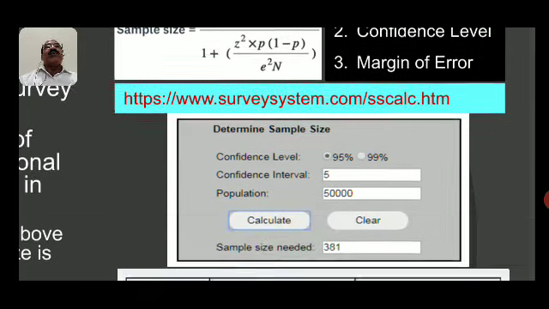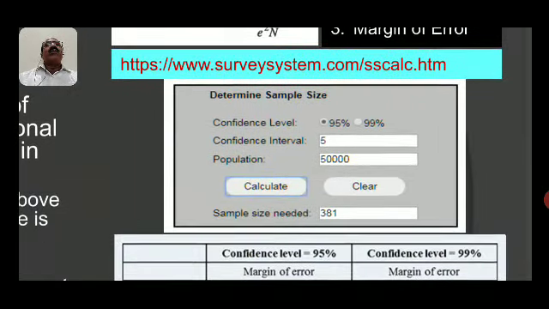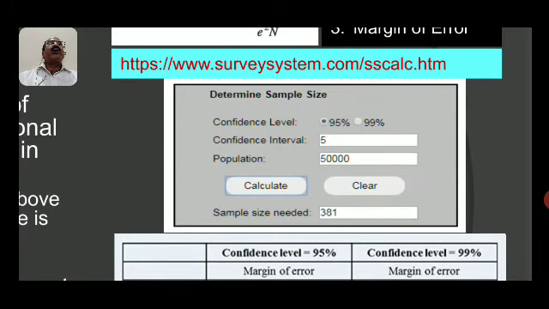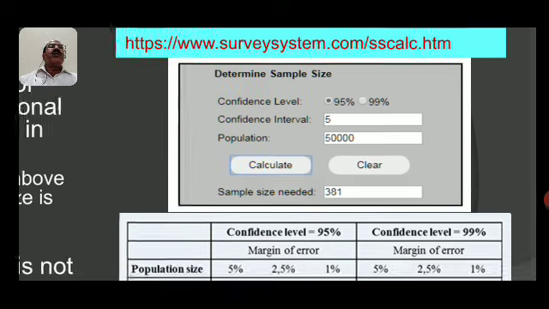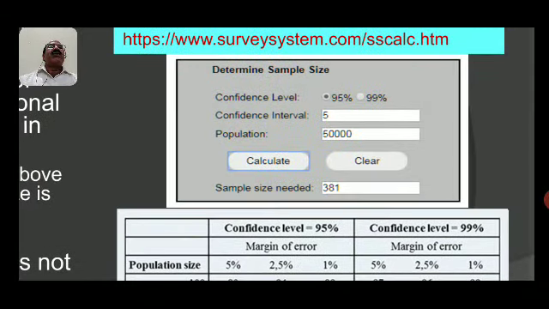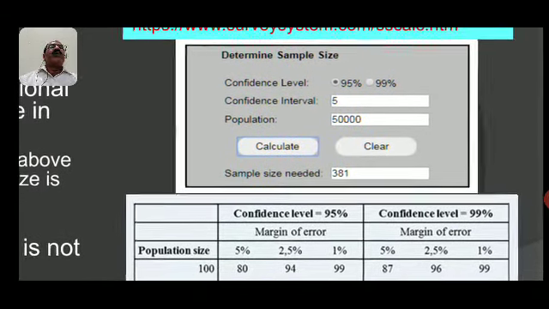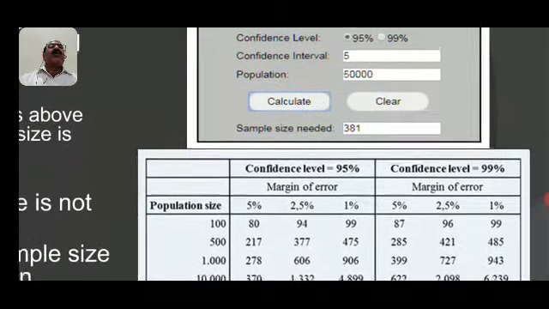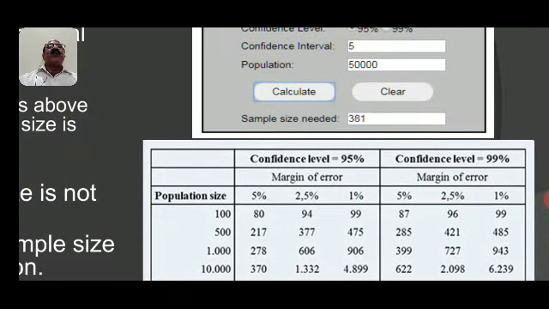For this you can go to www.surveysystem.com, then sscalc.htm, that means sample size calculations. In that, if you enter like this, say 95% confidence level, margin of error 5, population is 50,000, then if you calculate, you get 381.